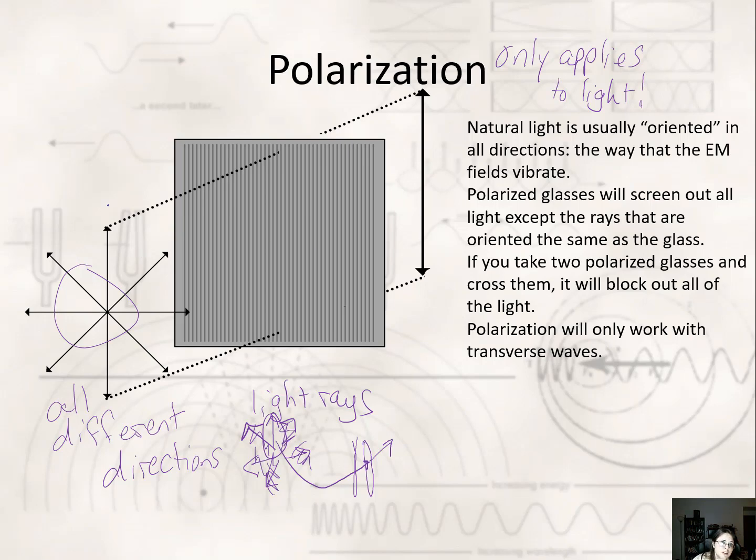So there's lots of these rays around in everyday life. So that means that it has screened out everything except for those that are oriented in the same direction. And if you take two polarized glasses that are polarized in different directions, it will block out all the light. And this only applies to transverse waves, in our case, usually light for our examples.